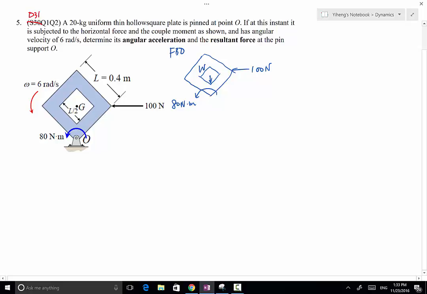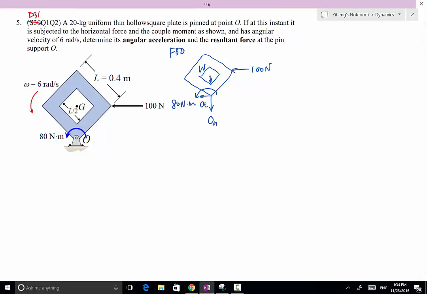At point O, we have two unknown components because we have a pin support here. Because this is a rotation about a fixed axis problem, according to convention, we draw our force in the normal direction as well as the tangential direction. That completes the free body diagram, and then we also draw the kinetic diagram.